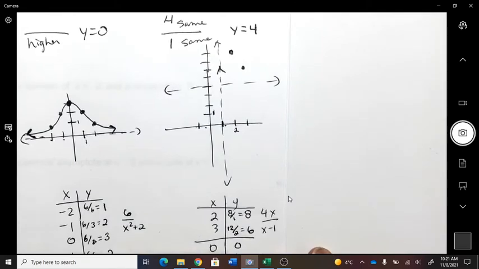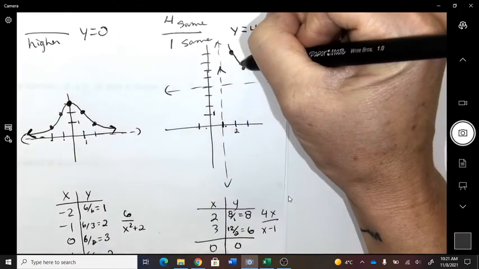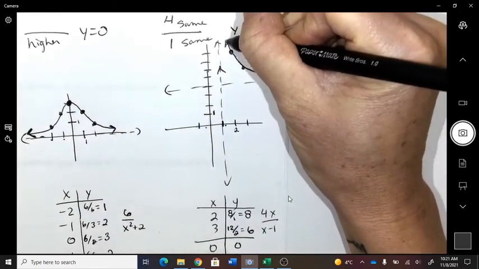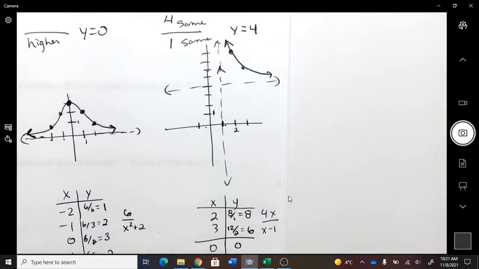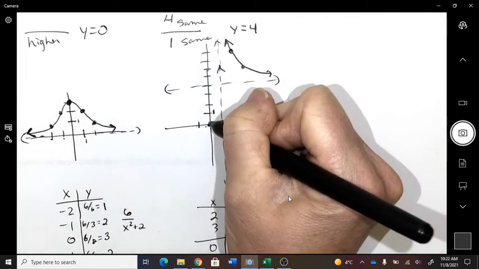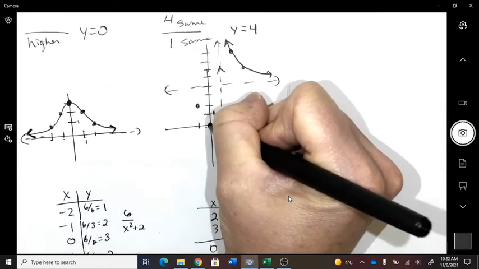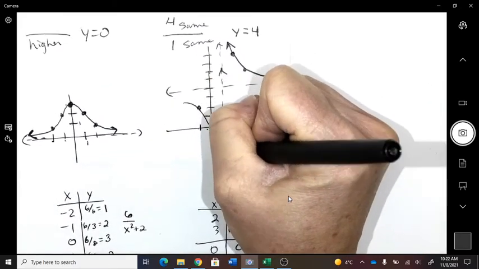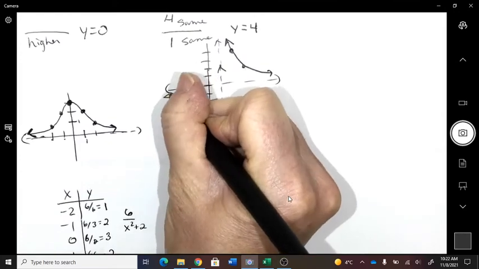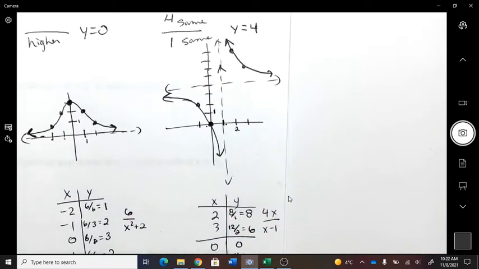Okay, so there's the 8, there's the 6. The origin, height of 2. There you go.